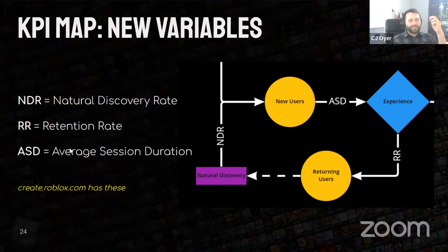I wish they showed the distribution more easily on the platform, because a lot of times when I see games that are underperforming, they'll have a nice average session duration, but because they have an onboarding problem, there will be two groups of people. Half of them will be quitting in the first minute because they get frustrated and don't know what to do, and the other half will be staying for 20 minutes, but that averages out to 10, and you can't really tell what's going on. So definitely be careful with that one, especially.